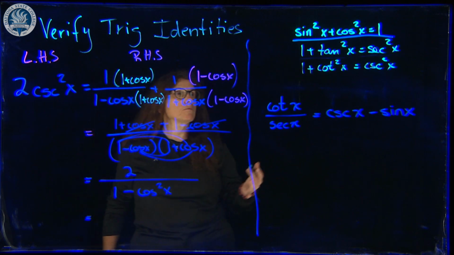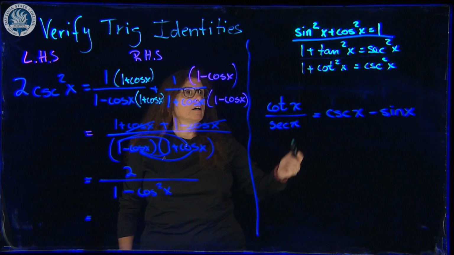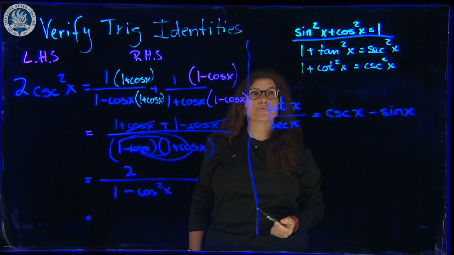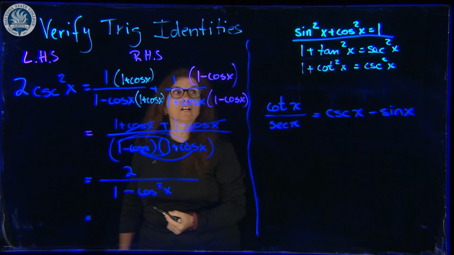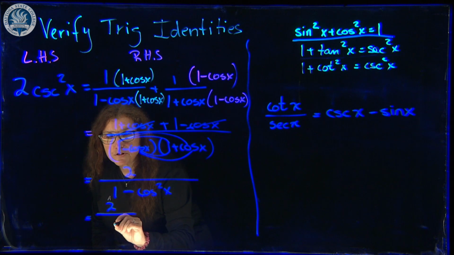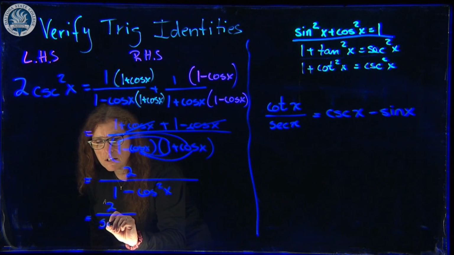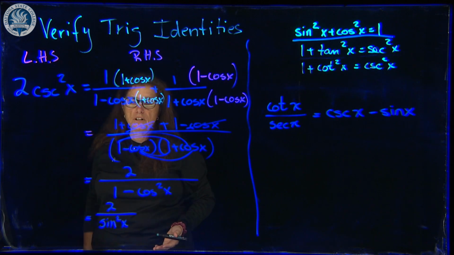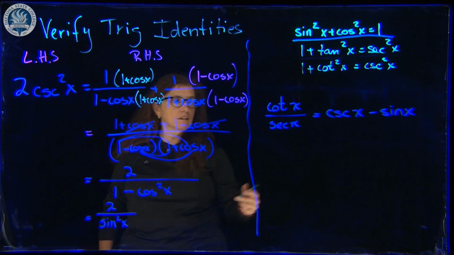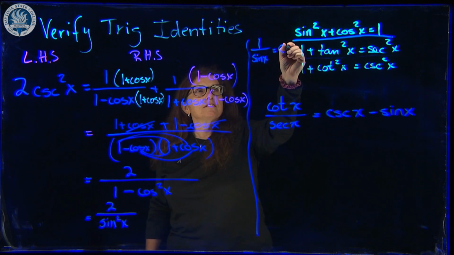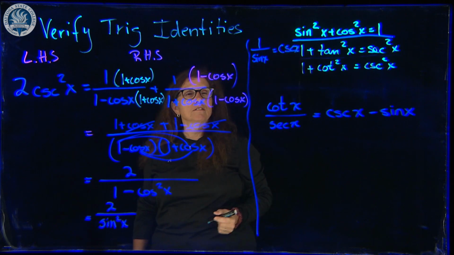Now we have to use some of our fundamental Pythagorean identities here. 1 minus cosine squared x, we already know that is sine squared of x. So that becomes 2 over sine squared of x. And we all know that the reciprocal, if I have 1 over sine, that is equal to the cosecant of x.